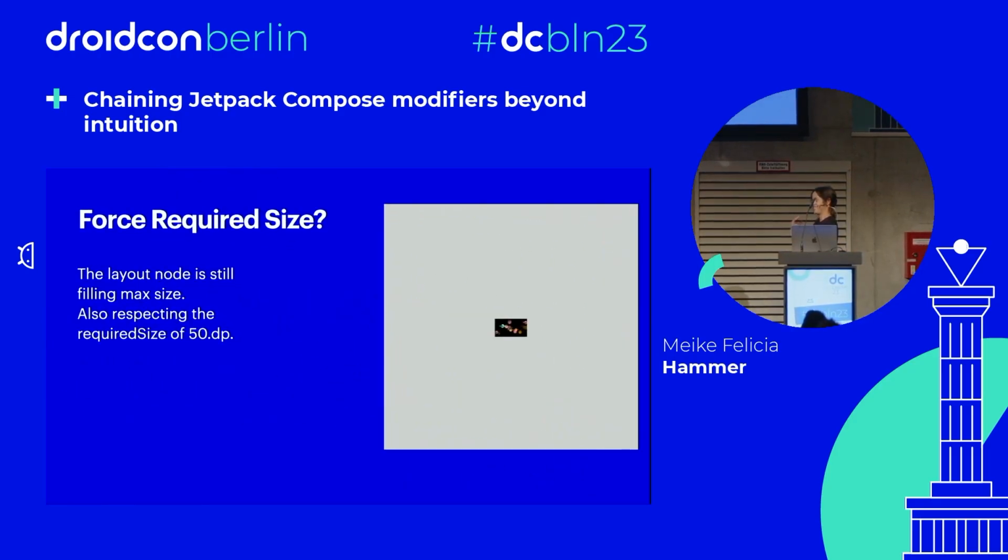But as you can see, the layout node would actually still fill max size. Also, like in the wrap content sample, it's just centering our sized planet's image to 50 dp. So it's actually still not only the size modifier.